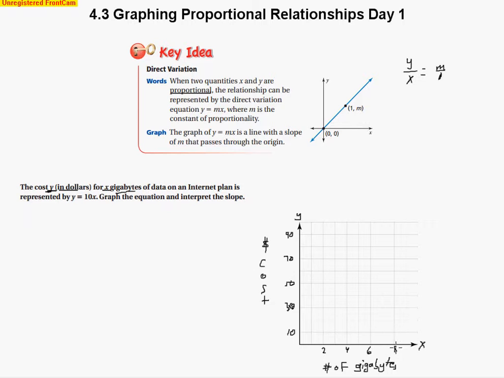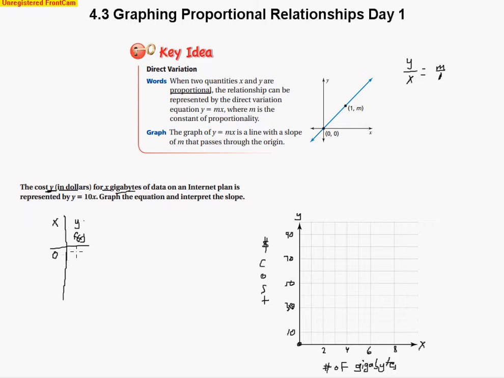When I graph it, it's going to start at the origin because there's no number being added to the x value, and the slope is 10 to 1. If you were to think about a table, where the y value represents f of x, the function of x, my first value is 0. I don't have any negative values because I can't have negative gigabytes.